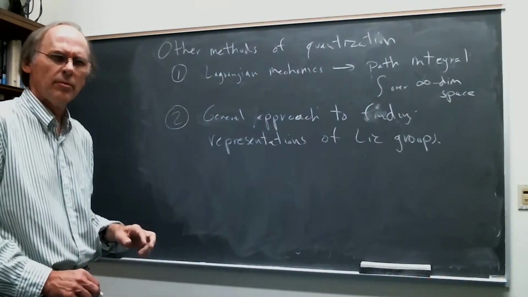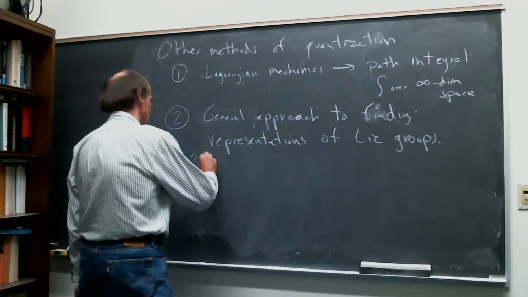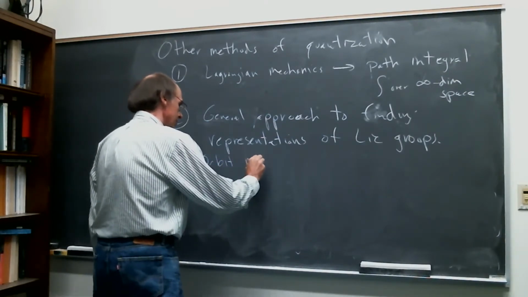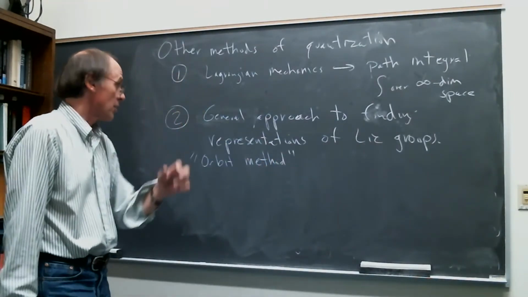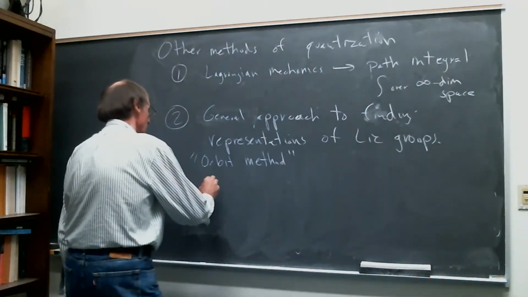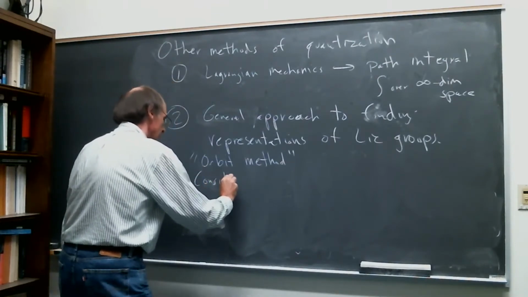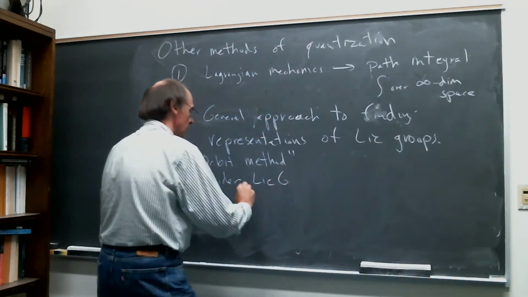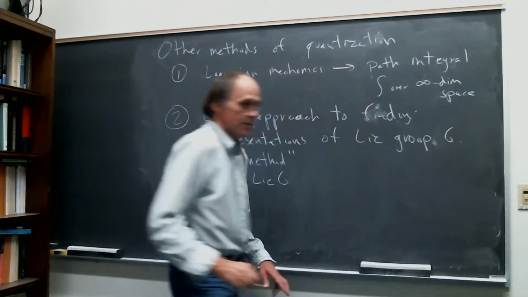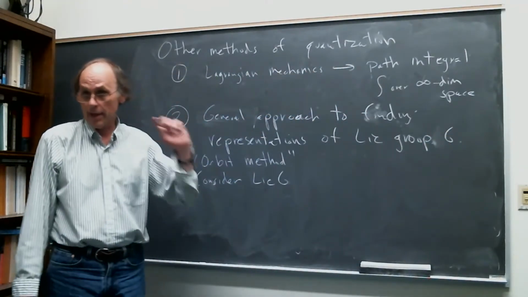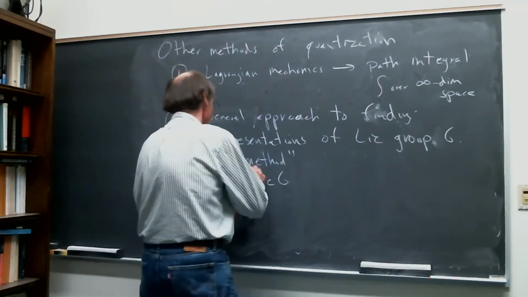This is called the orbit method. And the way the orbit method works is, you consider a Lie group G. If you're trying to study a Lie group G, what you do is you think about the Lie algebra, and then what you often do is take its dual.